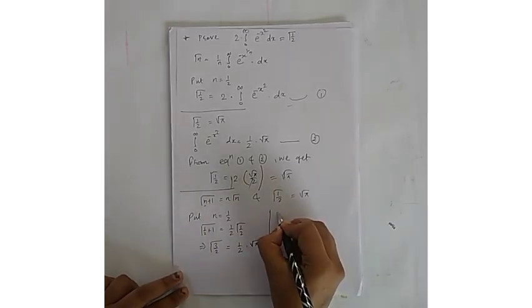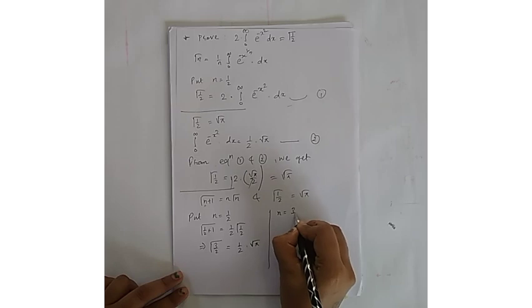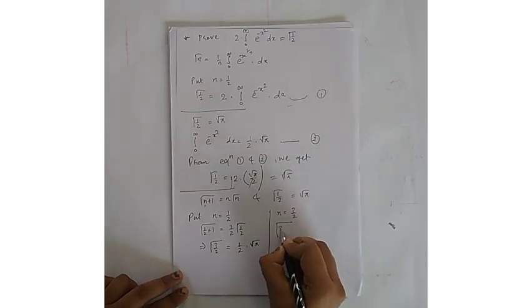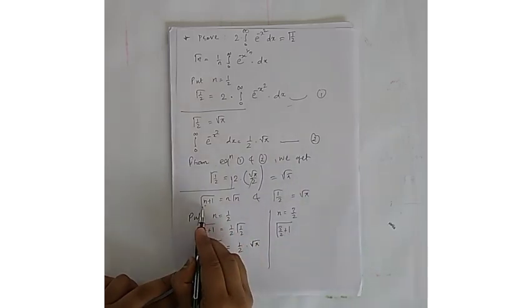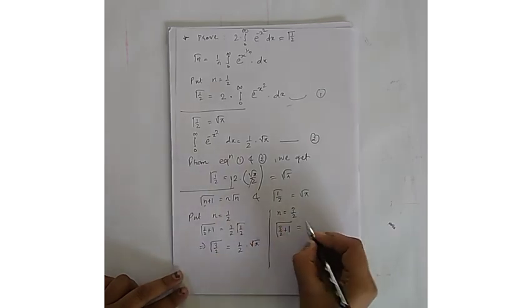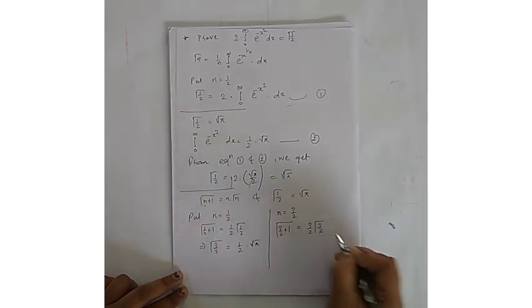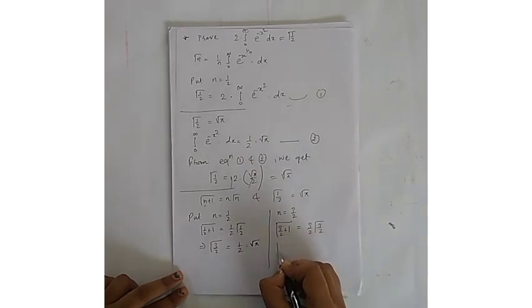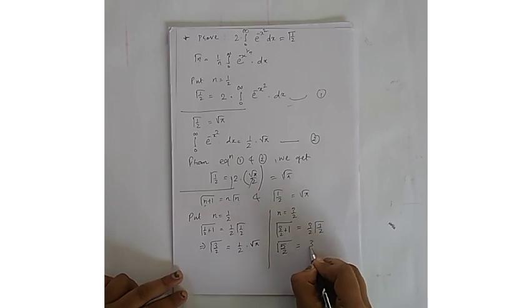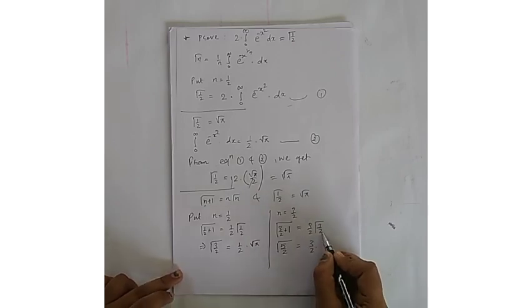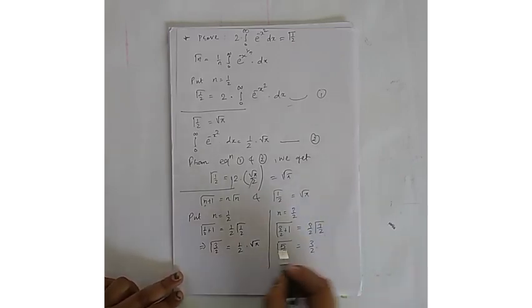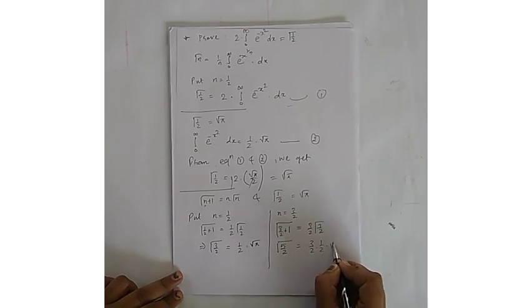Next, if we put n equal to 3 by 2, we get 3 by 2 plus 1, which gives 5 by 2. Gamma 5 by 2 is equal to 3 by 2 into the value of gamma 3 by 2, that is 1 by 2 into square root of pi.